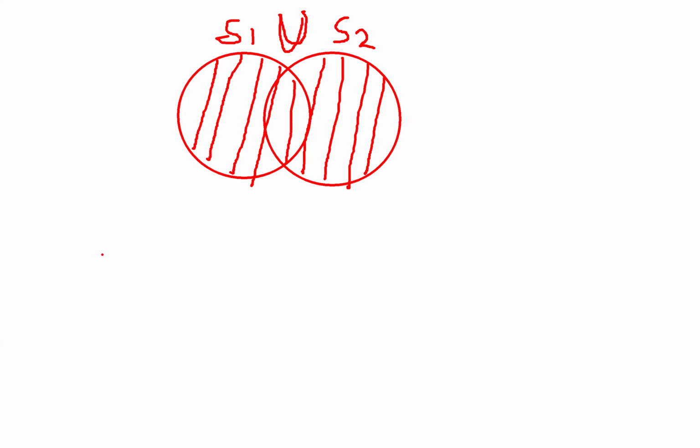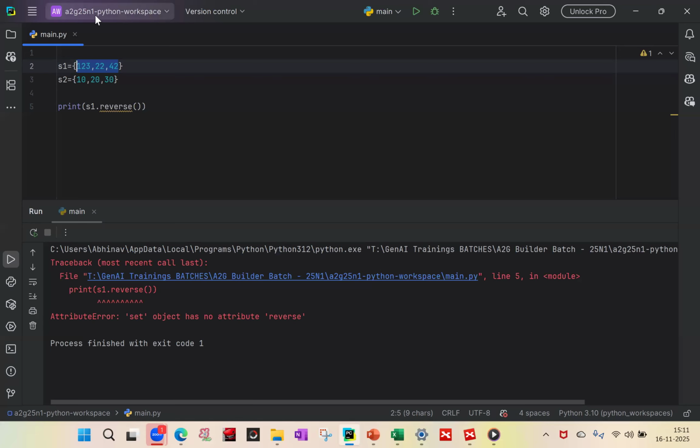But in Python, how is it defined? Let me go to the editor. Let's say I have set S1 as 1, 2, 3 and S2 as 2, 3, 4, 5. Now, if I want to do S1 union S2, I will use the pipe operator: S1 pipe S2.